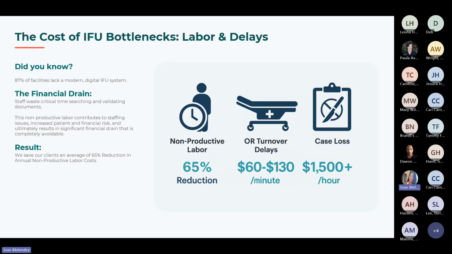Consider this: every time the OR is delayed, it costs your organization between $60 and $130 per minute. A search for a missing IFU or reprocessing errors by not using the most current IFU directly contributes to this loss. Additionally, if a delay forces a cancellation, you're looking at a $1,500 loss per hour.